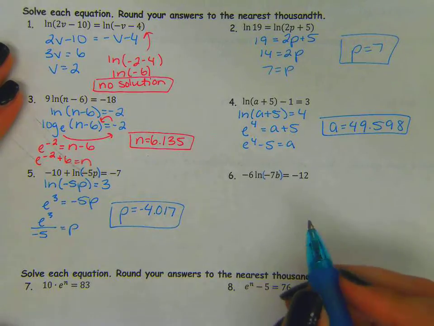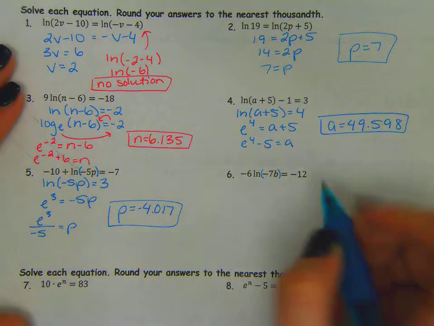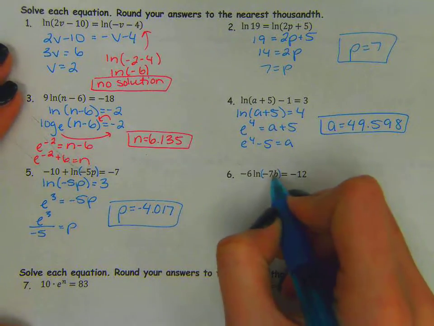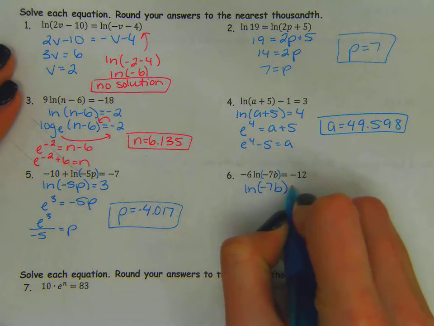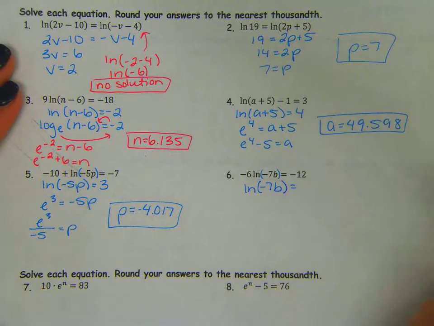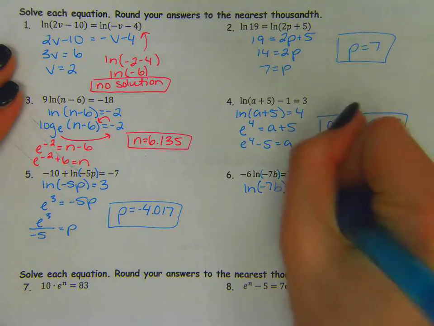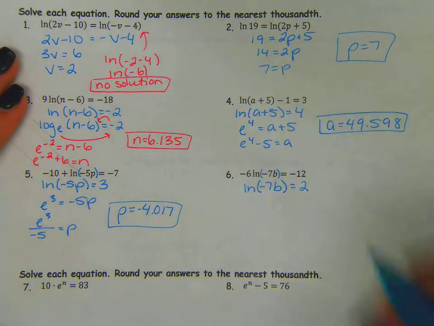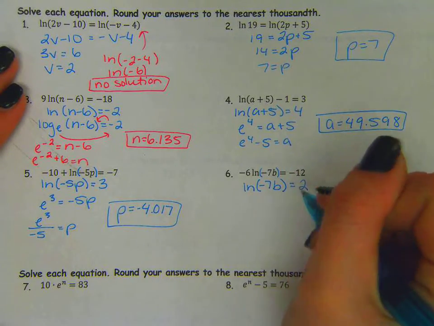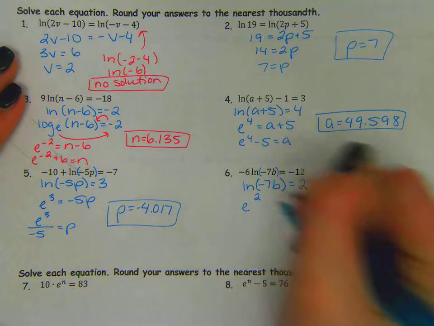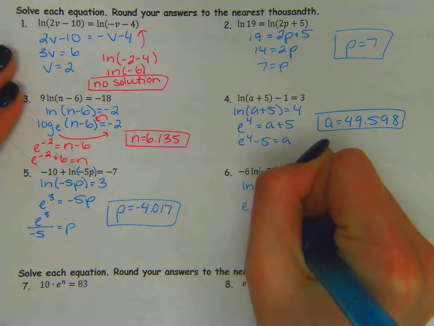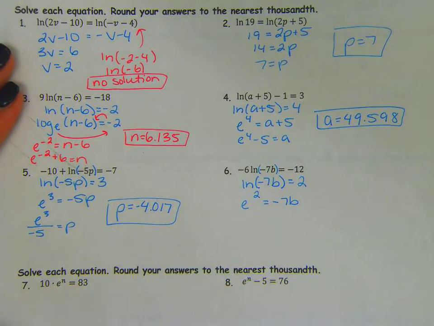Okay, number 6. Let's divide by negative 6 to get the ln of our negative 7b by itself. So ln of negative 7b equals negative 12 divided by 6, which is negative 2. And then we take the exponential, so we've got e to the second power equals negative 7b.